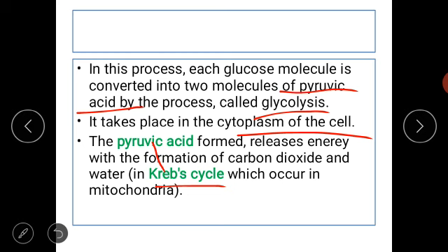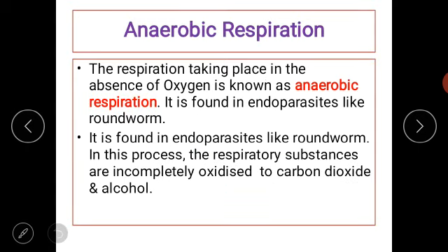So first glycolysis occurs, it produces pyruvic acid. Pyruvic acid enters into the Krebs cycle, and the Krebs cycle occurs in the mitochondria. Inside the mitochondria, the Krebs cycle occurs and it produces ATP, adenosine triphosphate, nothing but the energy molecule.